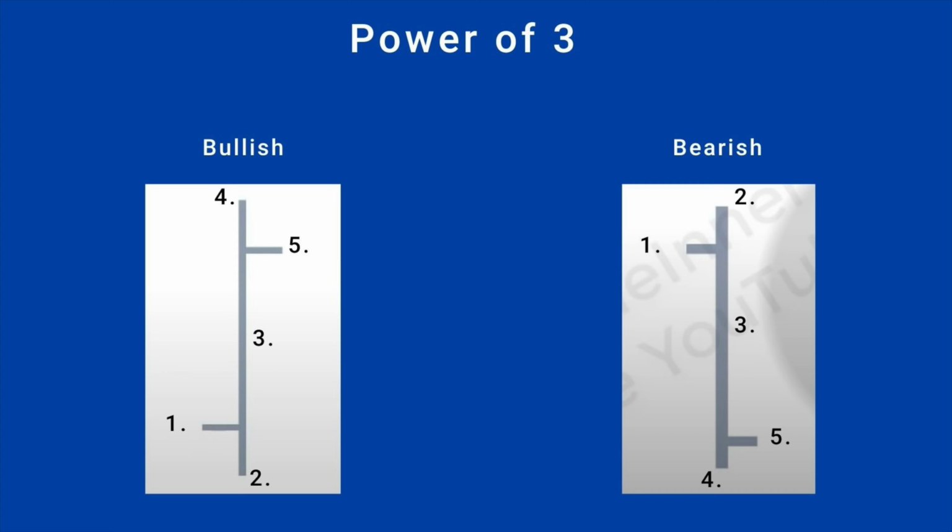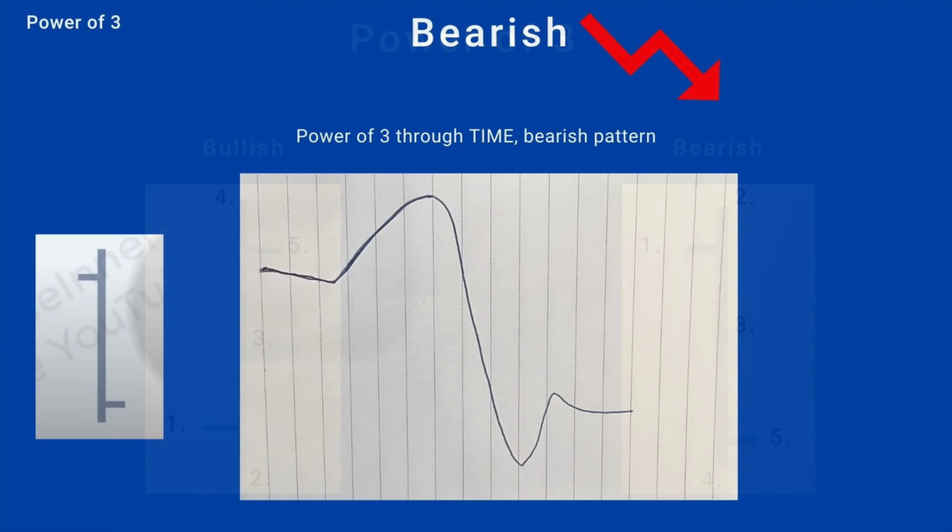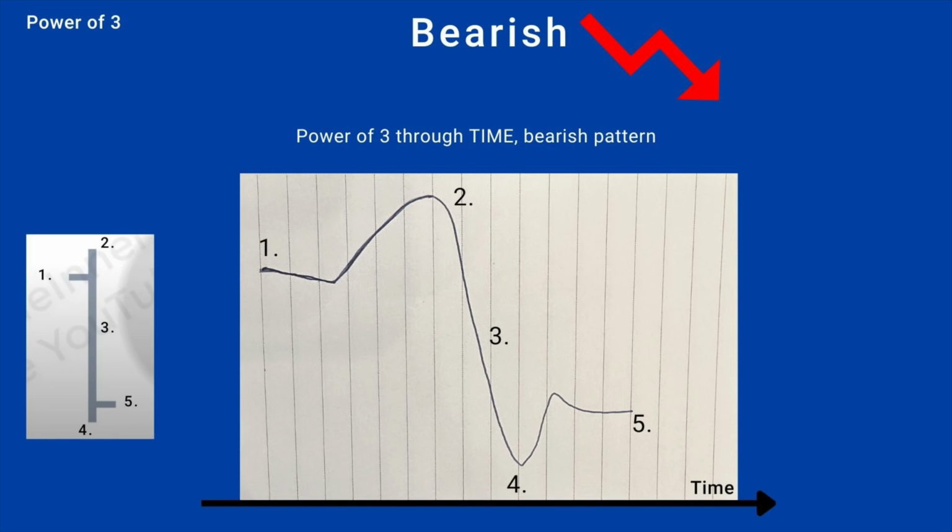How does the bearish power of 3 look like through time? I want to show you my very simplified drawing and I want to show it to you with the numbers. So let me repeat it for you while we are watching the bearish power of 3 through time. In point 1, we expect the opening price to be near the high of that day or of that session.